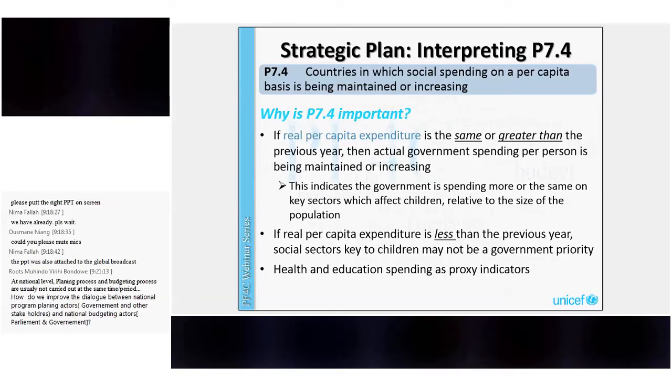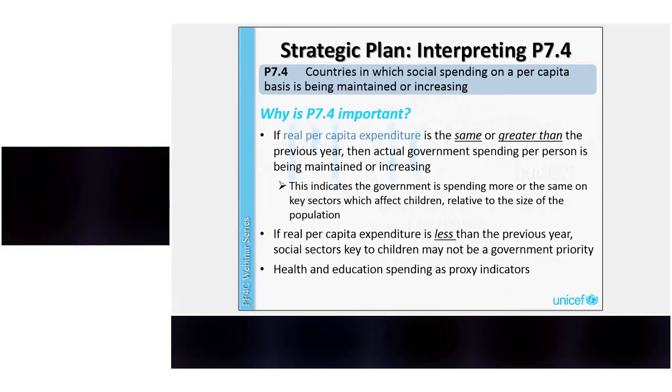And so what's important to know about this is in P7C1, all 7 indicators are being captured by the staff in the country office. For 7.4, headquarters is going to use health and education as what we refer to as proxy indicators. That's because it's easy cross-country analysis and comparison, and we can get the data quite nicely and cleanly from UNESCO and WHO.